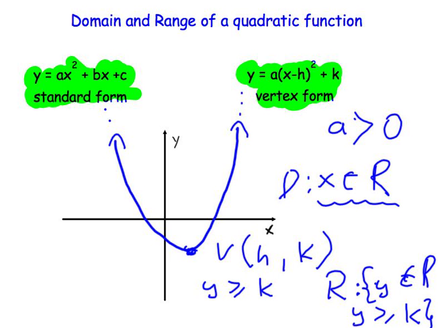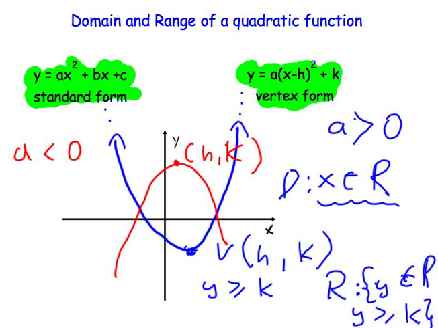Now, if you were to consider a graph where coefficient a is less than 0, you would anticipate the reflection of the graph like so. This value, the peak value, would be the highest value on the entire curve, with coordinates h and k.